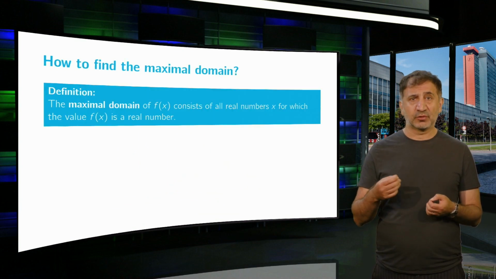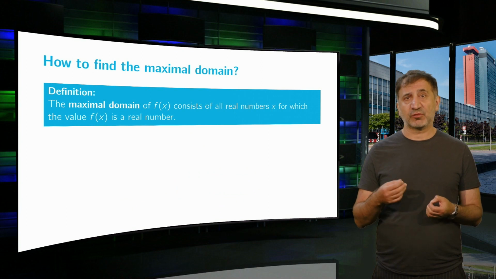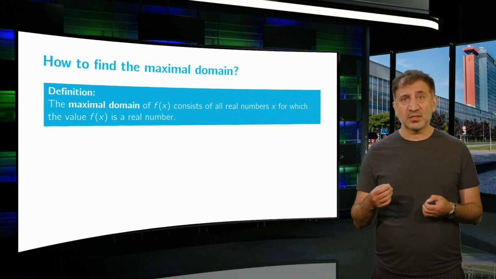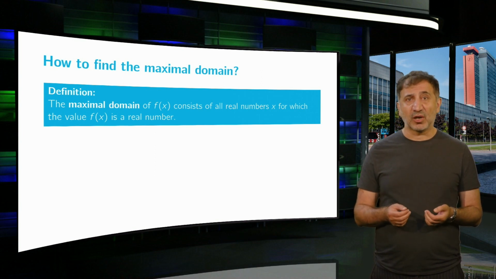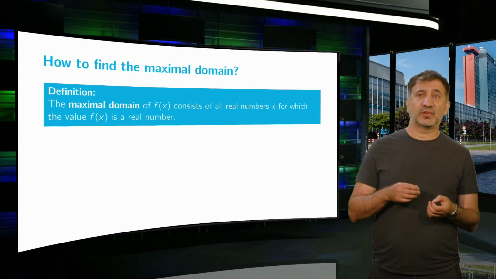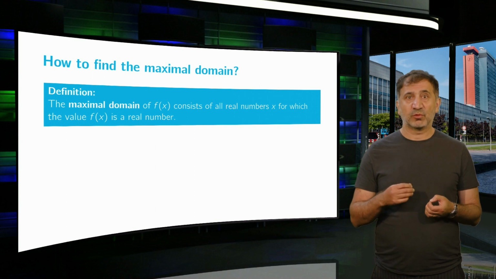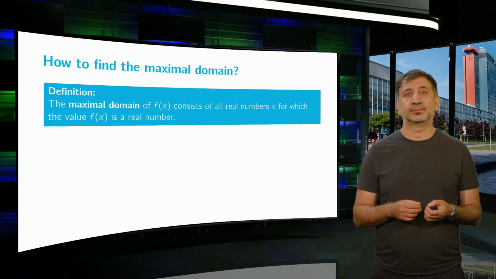Sometimes an explicit formula is given for a function f of x, but without specifying explicitly its domain. In such cases, we take as domain the set of all values x for which the value f of x exists. In other words, for which f of x is a real number.